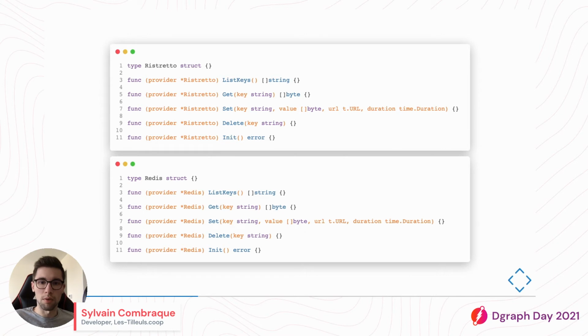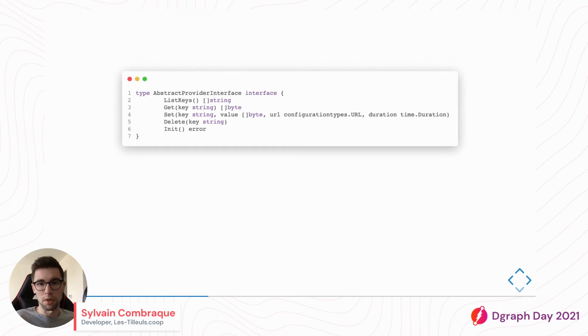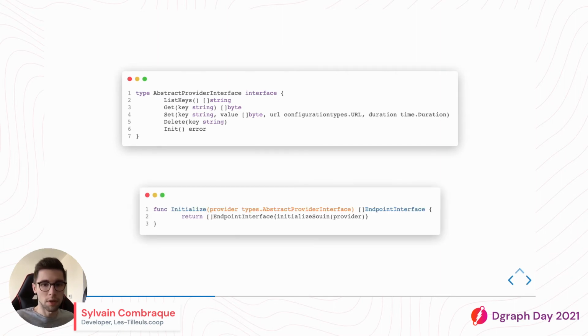And for each provider, these functions have the same signature. So to make a generic object, we can define an interface like the abstract provider interface, which will contain the methods' signatures, and each structure defining all the functions with the same signatures will be considered as implementing the interface and can be part of an abstract provider interface, for example.